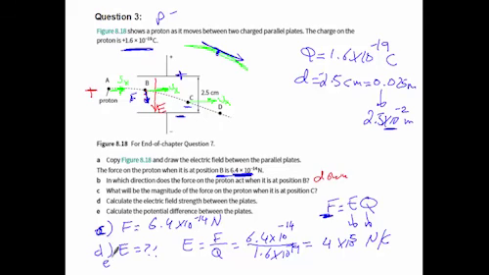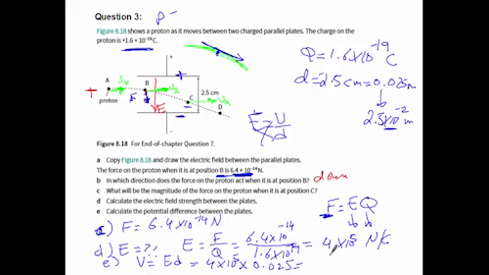Now for part E, calculate the potential difference between the plates. We know that E equals V over D, so V equals E times D. We have our E, 4 times 10 to the 5, and our D is the separation, which we already converted to 0.025 meter.